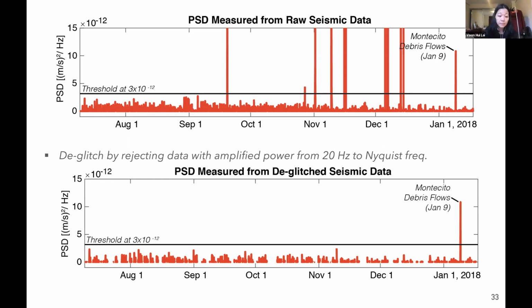Yes, Malcolm. Voon, lovely talk. In the application to hazard, I missed what sort of density of seismic network you might need, what sort of distance scales, given the frequencies involved here. Do you have a feel for the distance scales between the stations and the flow that you'd need?